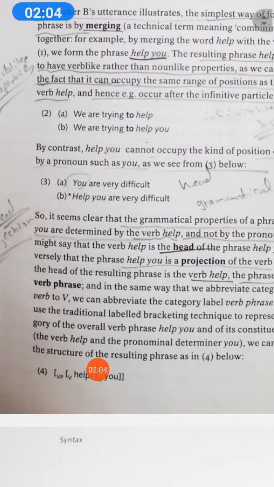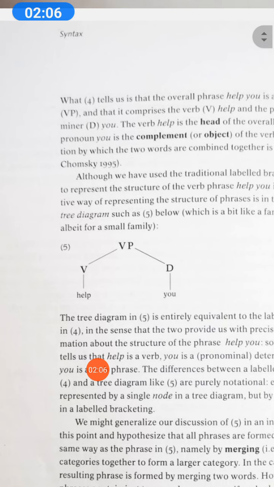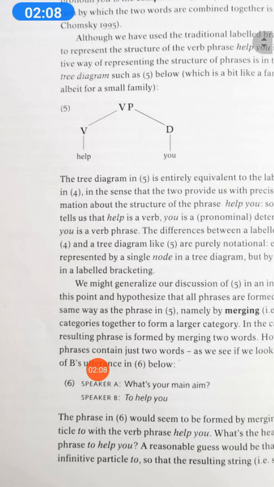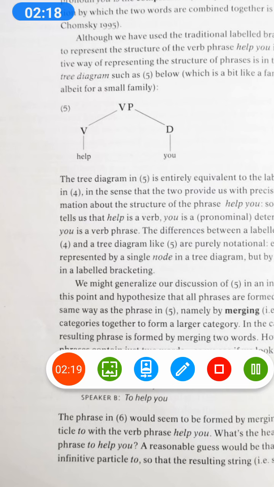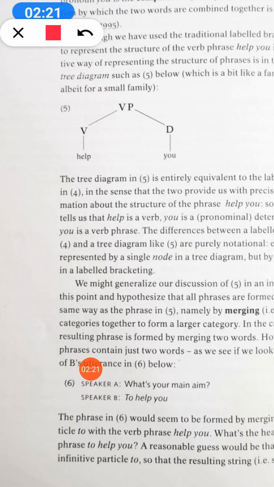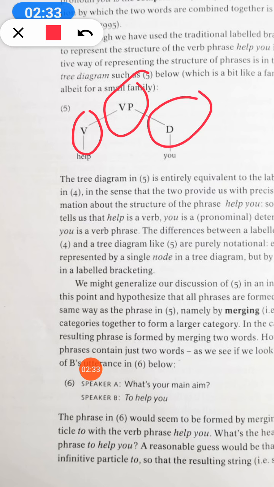Let's illustrate this merger technique by referring to the tree diagram in diagram number 5. Here in diagram number 5, we have VP, which is a verb phrase, consisting of two elements, the verb, which is help, followed by the determiner, which is the object, the pronoun you.